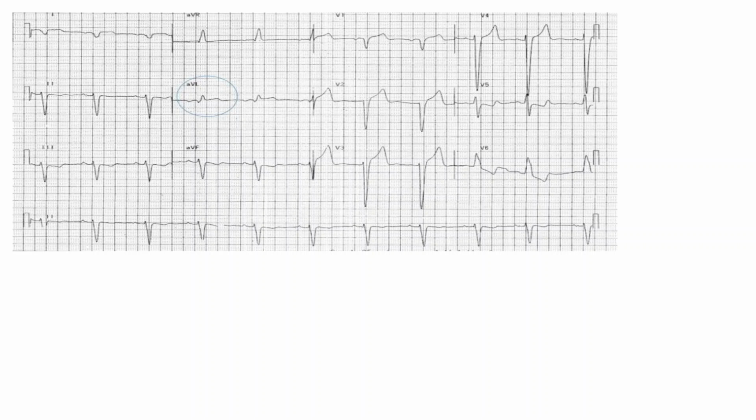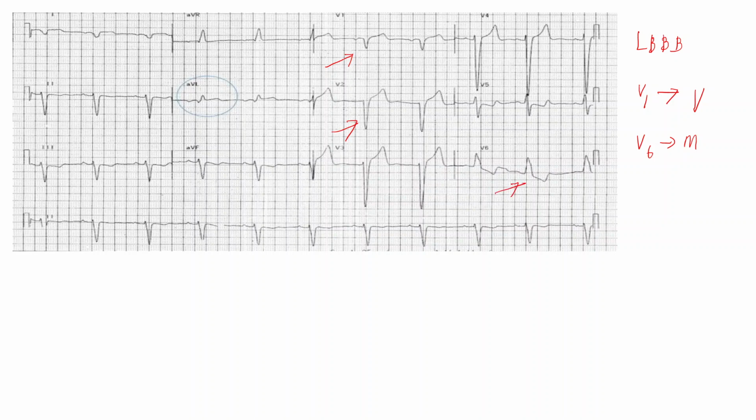So if you remember, in case of LBBB, in V1 you will get a strong negative wave or W pattern, and in V6 you will get an M pattern. That means in V1, V2, usually the QRS complex will be negative.